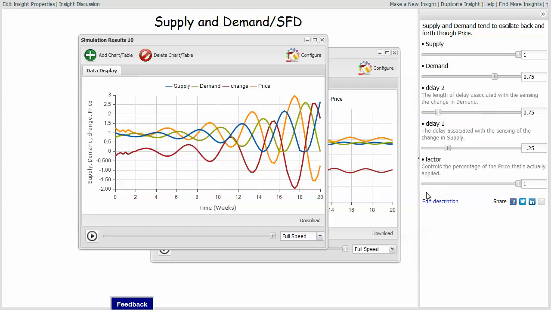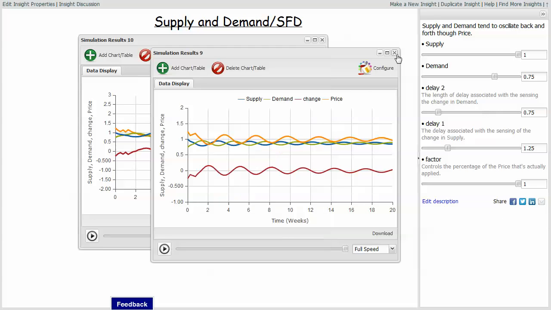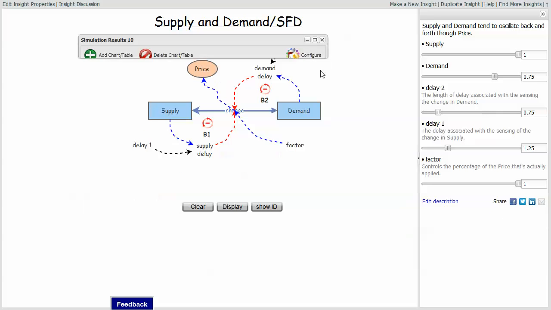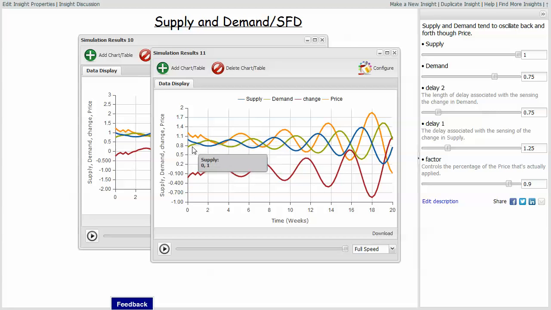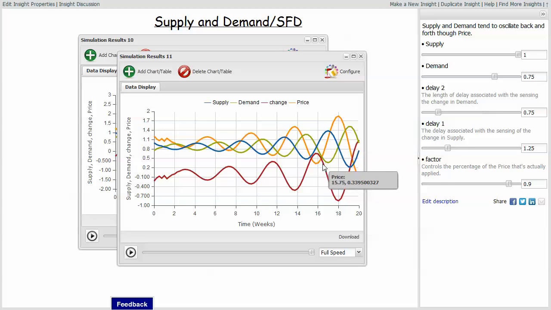So if you change the value of this factor right here, which controls the rate at which this change interacts or causes it to change the values of supply and demand, where this is the situation, if we change that factor to 90% and run this again, you'll notice that the model is beginning to be less out of control.